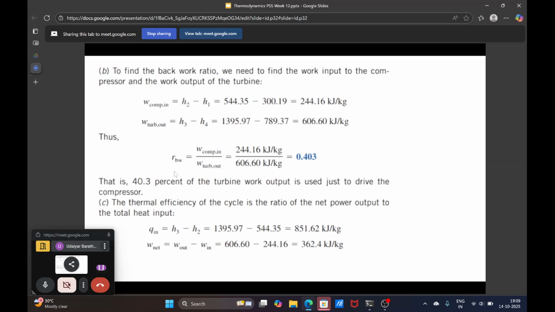Back work ratio for this is the compressor work divided by the turbine work. So the compressor work is 244.16 divided by turbine work 606.6, which gives you a back work ratio of 40.3%. Next is the thermal efficiency. For that we need to find out the Qin.